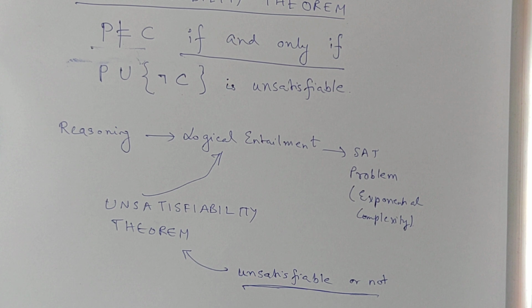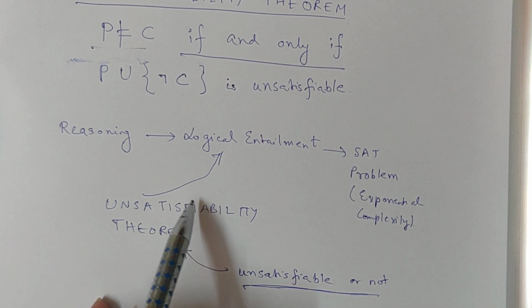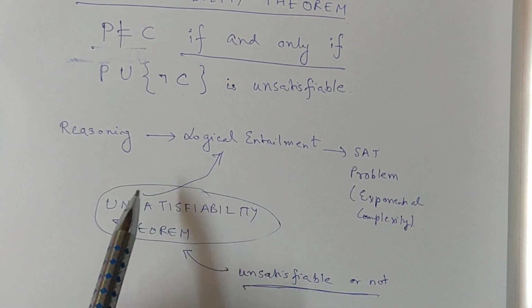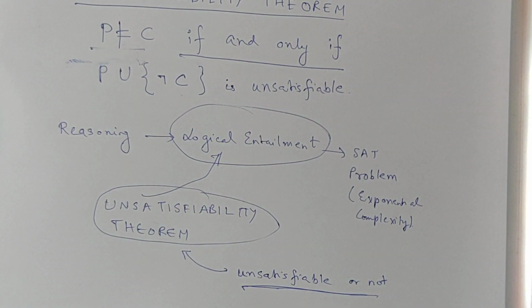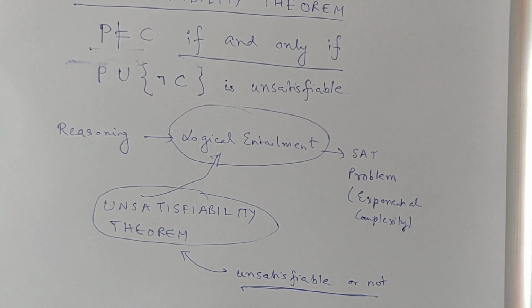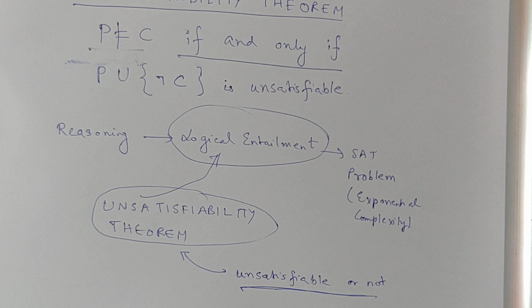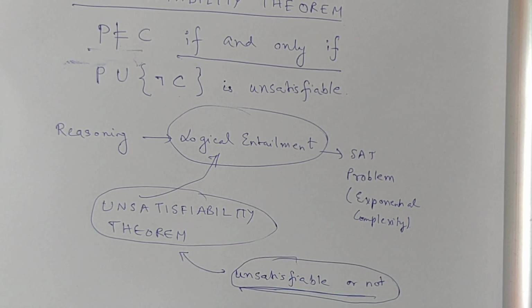If it is unsatisfiable, I can say that the unsatisfiability theorem is passed and there is a logical entailment. This is for sure. So our next phase of study will be how to check whether a set of sentences is unsatisfiable or not. Thank you.